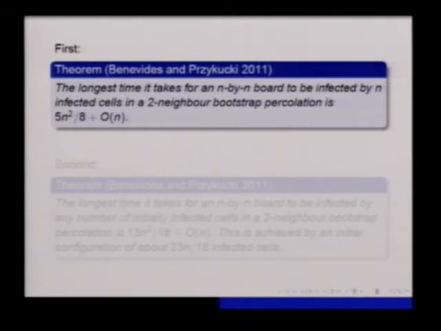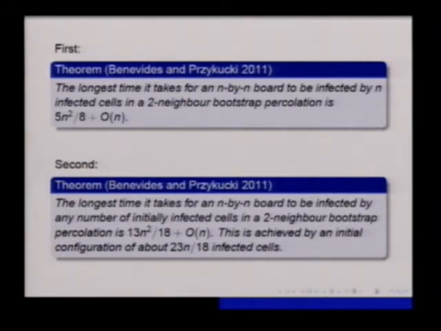So the longest time it takes is 5n² over 8, which is ridiculously slow. Remember, if you infect every cell one by one, starting from, then you need n². So had you thought about it, you would find the result surprising.